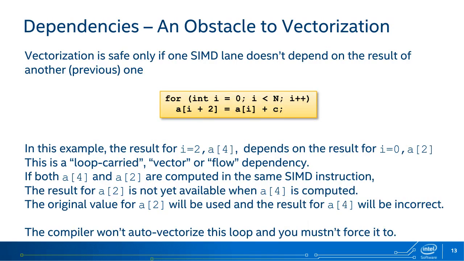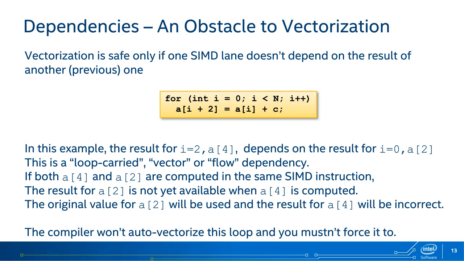Dependencies are the main reason why the compiler cannot perform auto-vectorization. So vectorization is usually safe only if one SIMD lane doesn't depend on the result of another. Note that only dependencies on the result of a preceding loop iteration prevent vectorization. So let's take a look at this example, which is called read after write dependency.